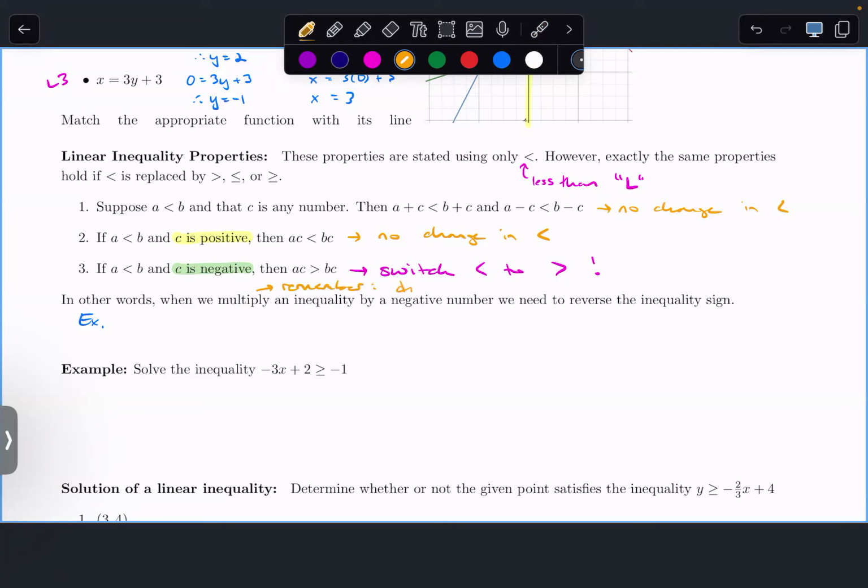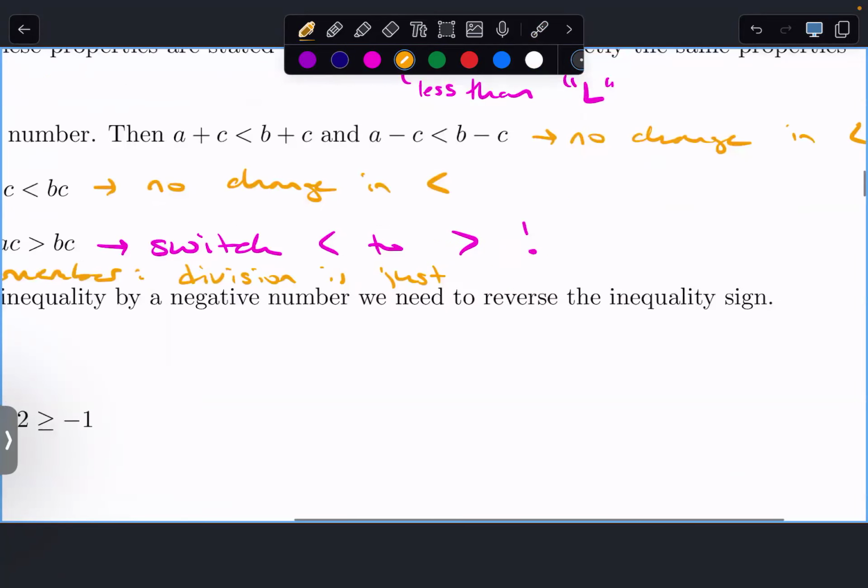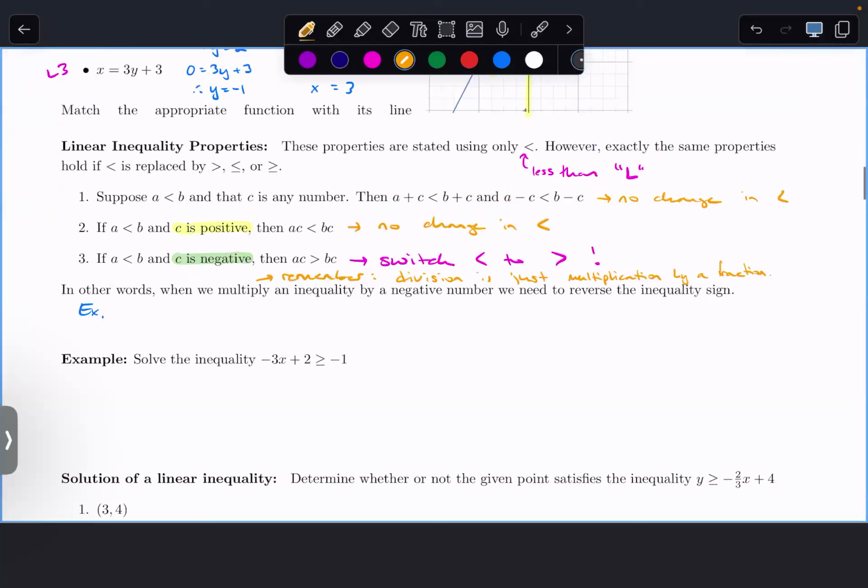Remember, division is just multiplication by a fraction. Just like subtraction is a special case of addition, it's just adding a negative.